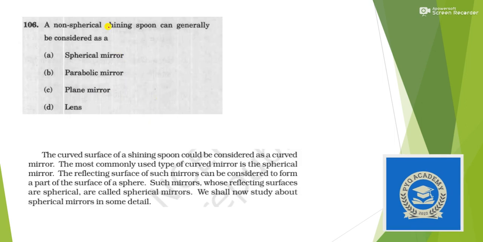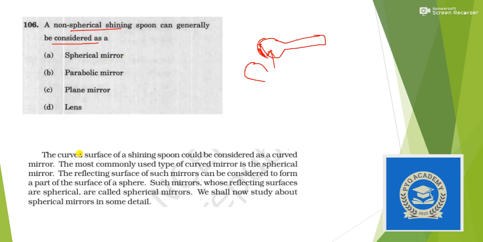A non-spherical shiny spoon can generally be considered as... okay, that means the spoon you use for eating is a little bit curved but not totally curved, and if you have ever observed your face in this shiny spoon, you can answer this question very easily.